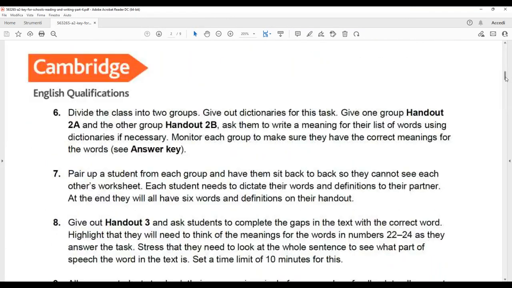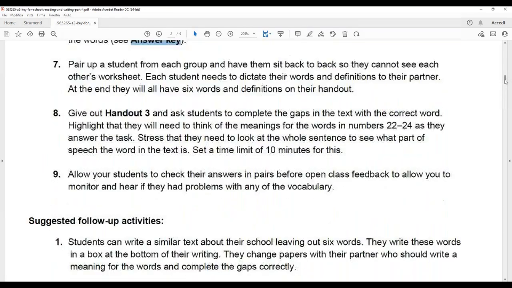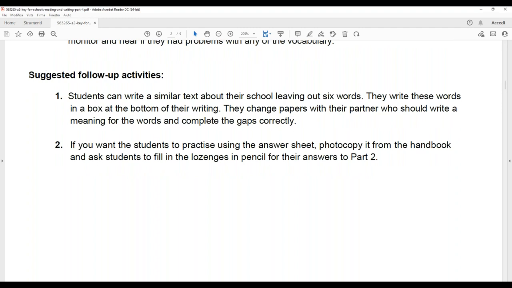Let's see. We are going to have the usual answer key after we complete the exercise. We also have, again, a suggested follow-up activity. This activity aims at getting you used to writing.